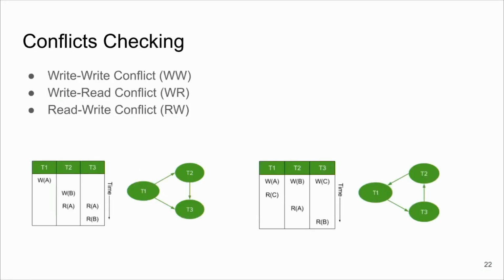There are different kinds of conflicts. You can have 2 transactions write the same piece of data concurrently. You can also have one transaction write the data while another concurrent transaction reads this copy of data. You can also have your copy of data be overwritten by another transaction.